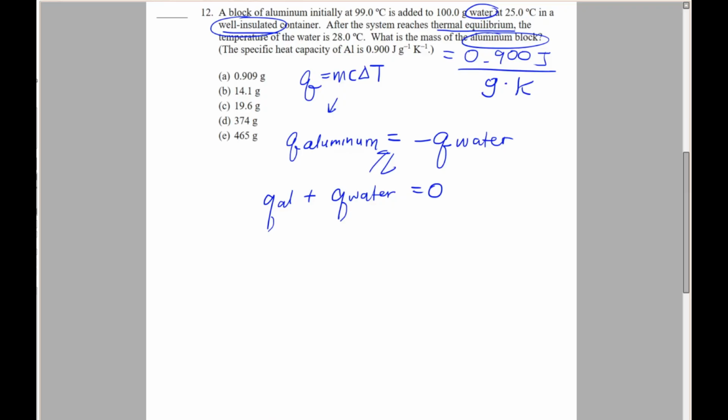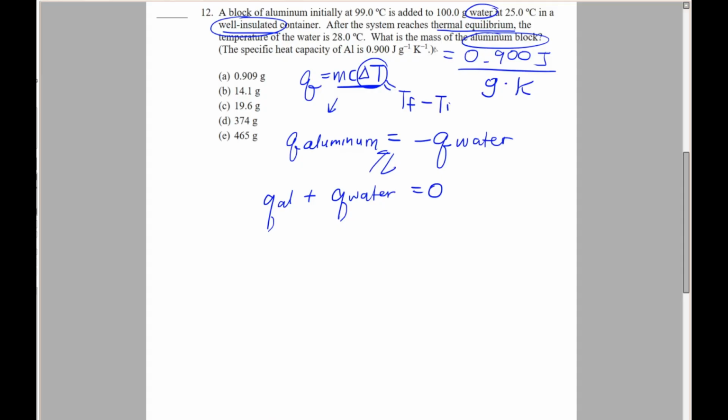So the heat gained and lost by both of the objects in the system should add up to 0. Now that we have established that, we can rewrite this equation, plug in, and solve for the mass of the aluminum block. So Q is equal to mc times delta T, and delta T is equal to the final temperature minus the initial temperature.